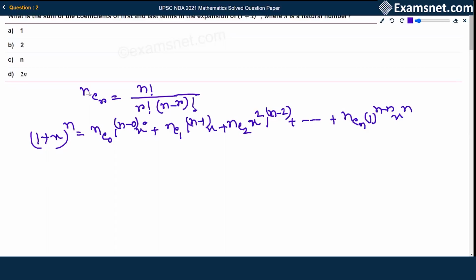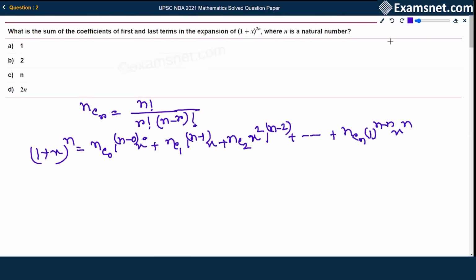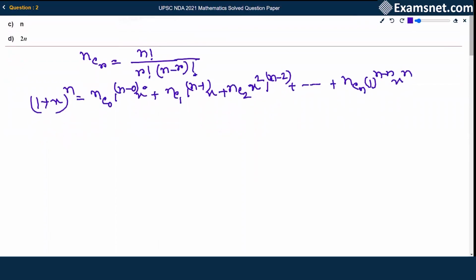Okay, now in the given question, the expression is (1 + x) whole to the power 2n, right?